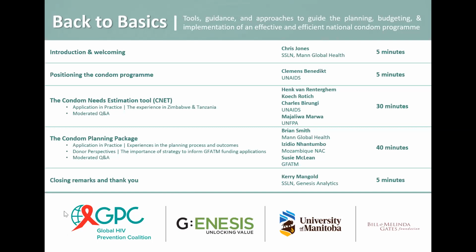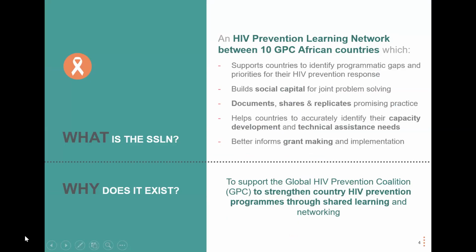I'd like to just briefly introduce the South to South Learning Network, which connects countries to learning and best practice driven by peers in other countries. The network aims to identify programmatic gaps and priorities for their HIV prevention response. It is building social capital for problem solving and is documenting, sharing, and exporting best and promising practice throughout the region.